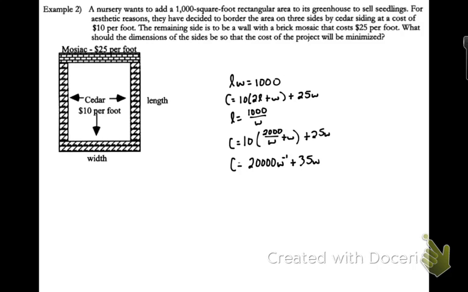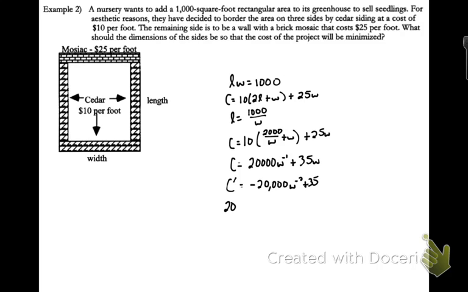And since I want to find a minimum of this, I'll need to take the derivative of my cost function. So in this case, it'll be negative 20,000 W to the negative 2 plus 35. And I want to know, when does this equal 0?